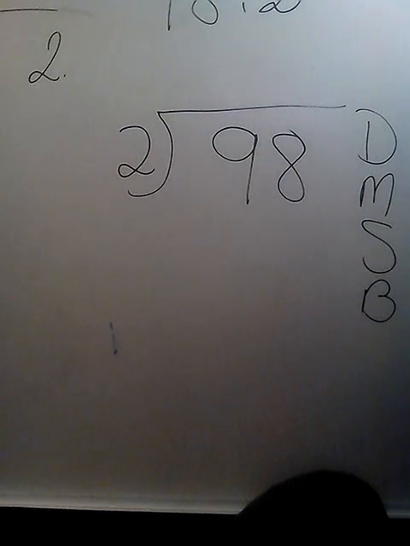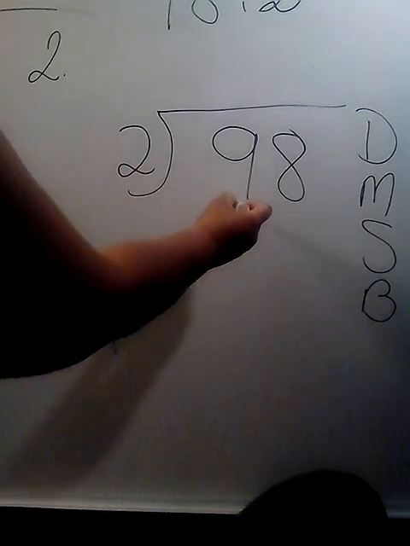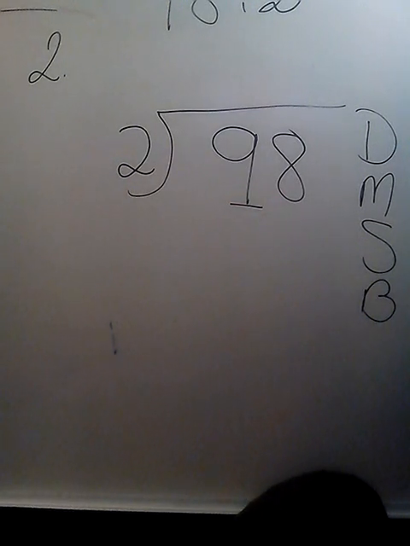So I can split 98 up into the 1s and the 10s. So I'm going to split this number up, and I'm going to underline the 9, because that's what I'm going to divide first. I don't want to say my 2's all the way up to 98. So I'm going to start with just the 9. And I'm going to divide.